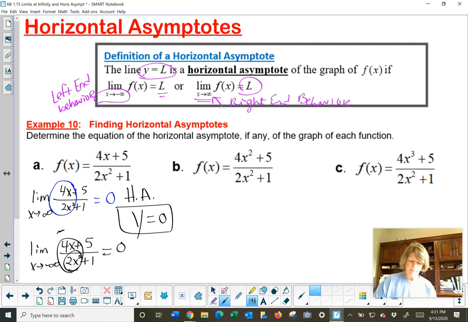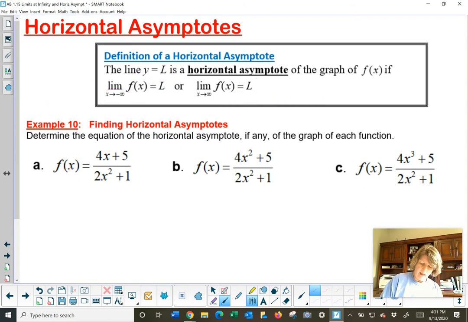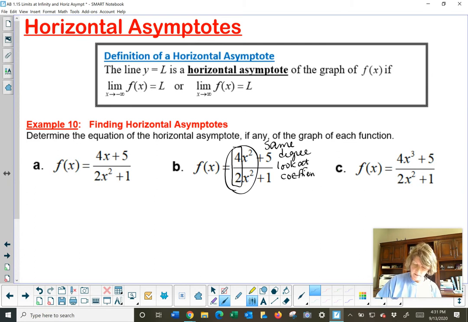For B, I noticed that the coefficients are 4 over 2, and that x squared is over x squared. So I'm going to really focus in on the coefficient. Same degree, look at coefficients. It's the ratio of the coefficients.